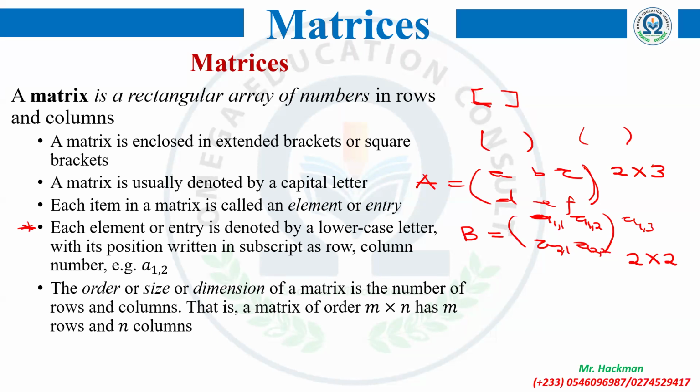So you wouldn't know how to state or indicate your element in the matrix. If I tell you the matrix is 2 by 2, it means when you are writing the elements, let me use a particular example. If I have a matrix C of order 2 by 2 and I'm mentioning the numbers, I will say 1, 3. Immediately you get to 3, you cannot proceed because you know it's 2 by 2.